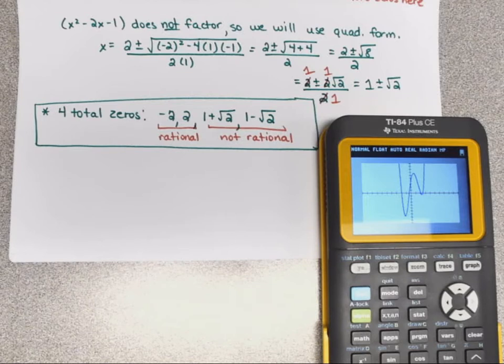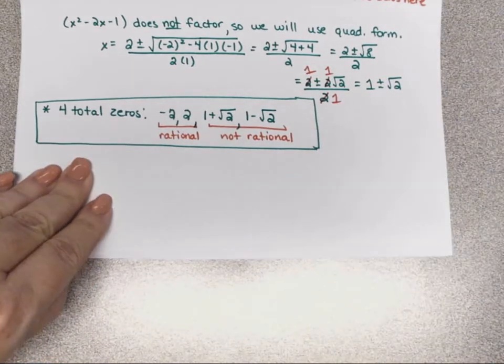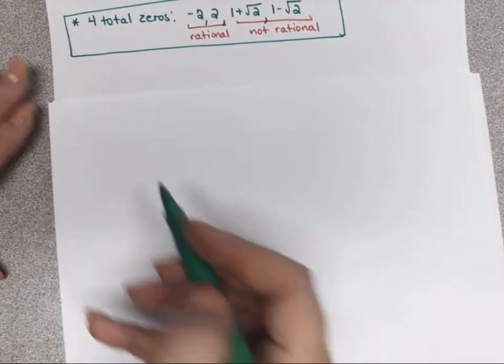Okay, here's the 2, right? And then here is the 1 plus square root of 2, which is like 2 point something. So what you try to do is you try to find the things that look nice, okay? And then you work from those, and then you worry about the more difficult ones at the end.